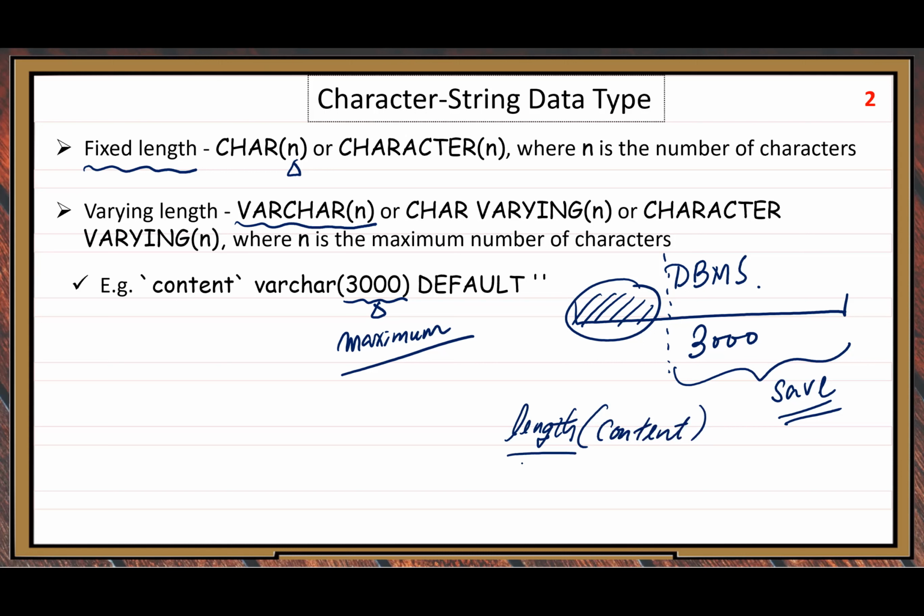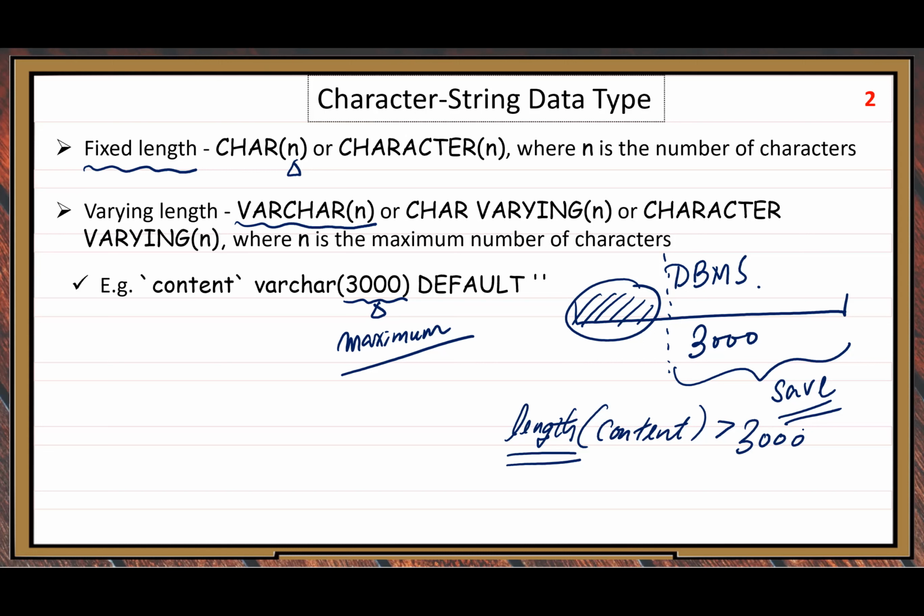Later you will see length is a function, a SQL function. In SQL we have many functions. So, length of content greater than 3,000. That could happen, and it goes past the maximum limit.